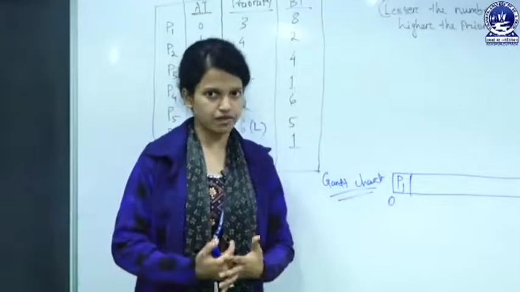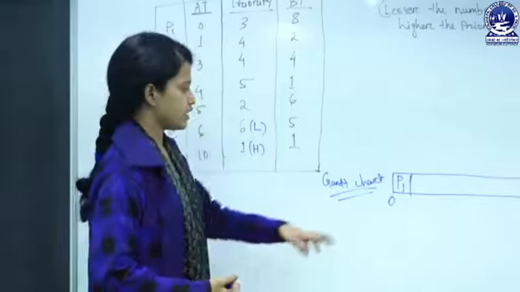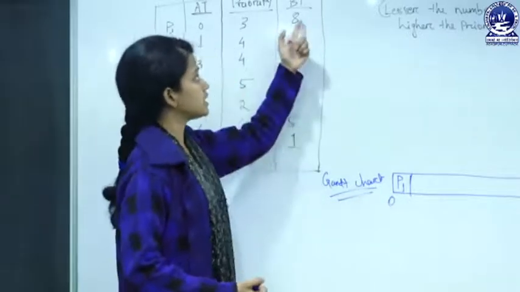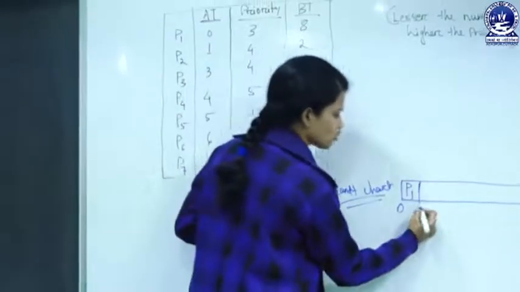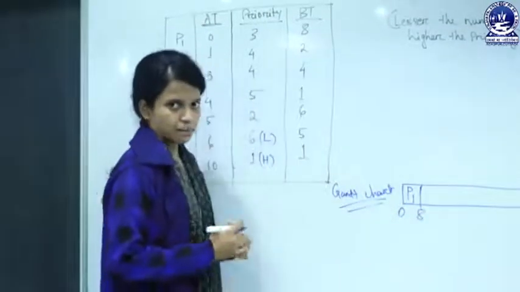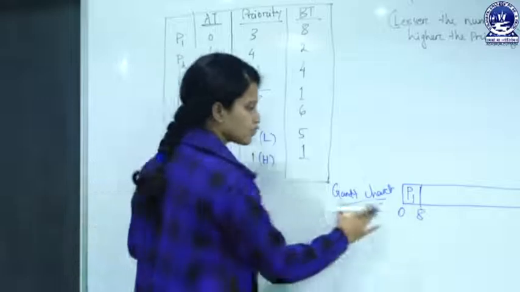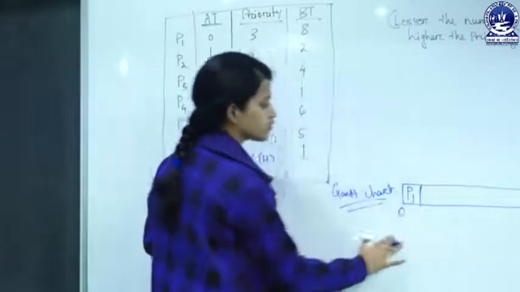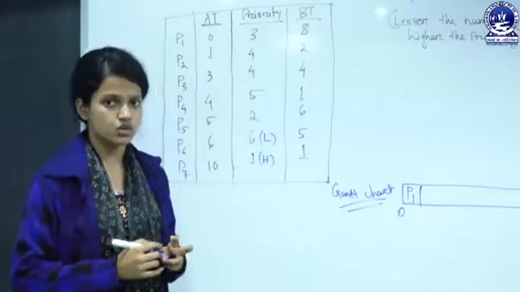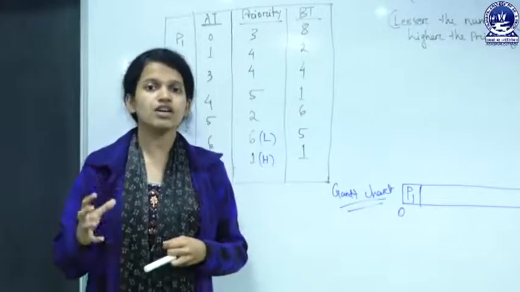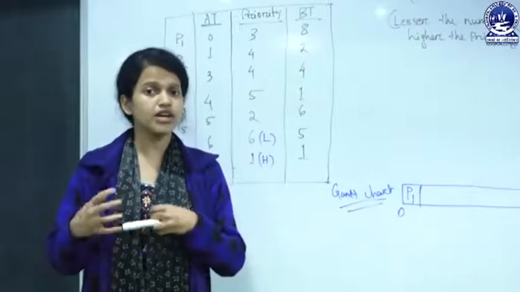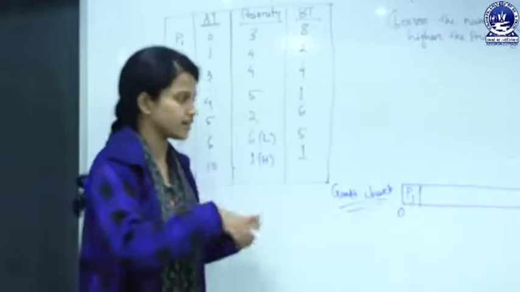In non-preemptive priority scheduling, it executed till its burst time 8, from 0 to 8 milliseconds. But in the preemptive version, we have to check whether any process has come into the ready state whose priority is higher than the currently running process.